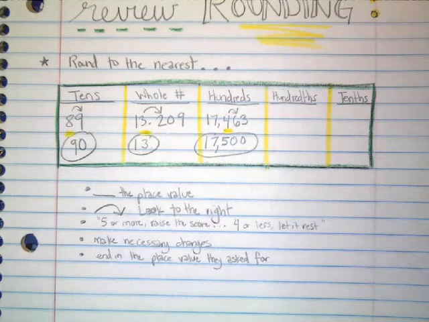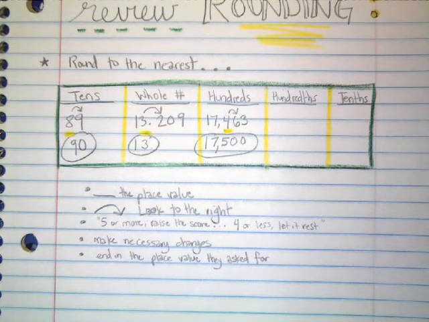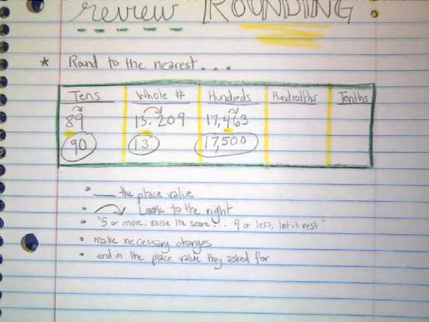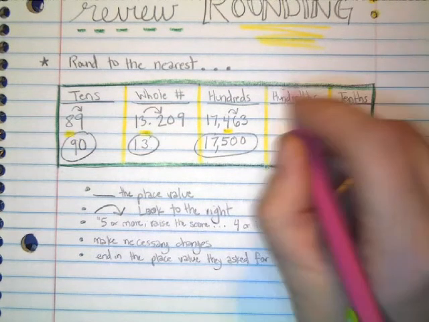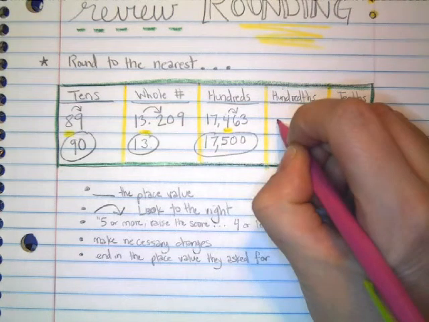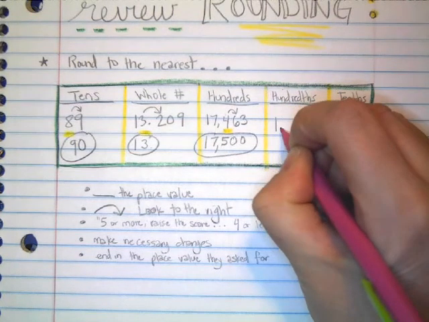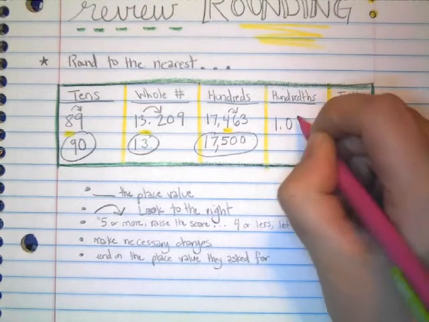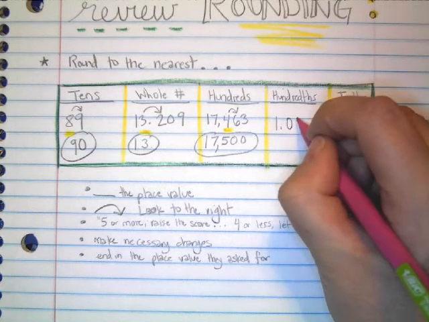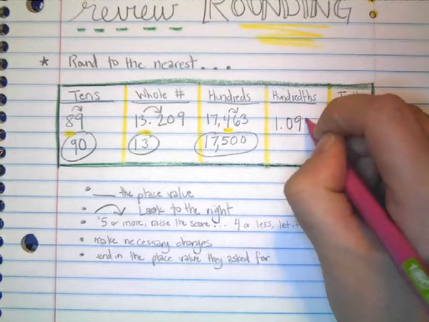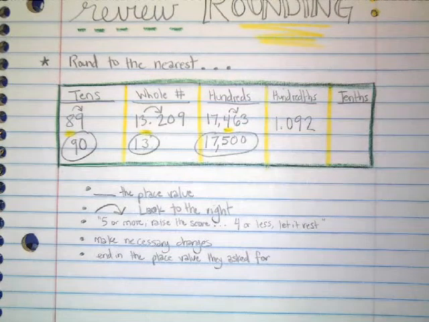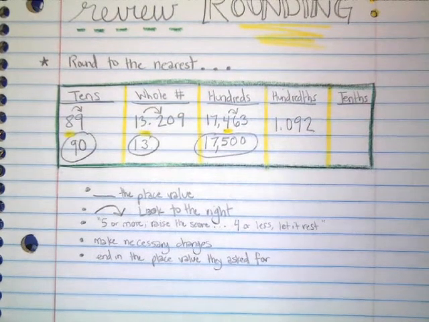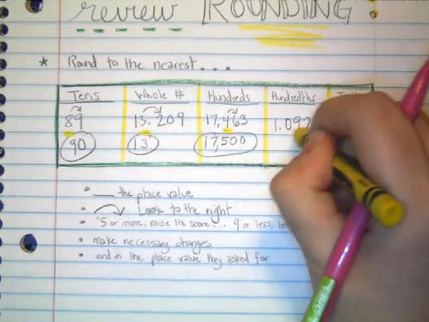Okay, we're going to round a number to the nearest hundredths now. If we're rounding to the nearest hundredths, then we have to have a number that at least goes into the thousandths, right? Let's try 1.092. We're going to round 1.092 to the nearest hundredth.